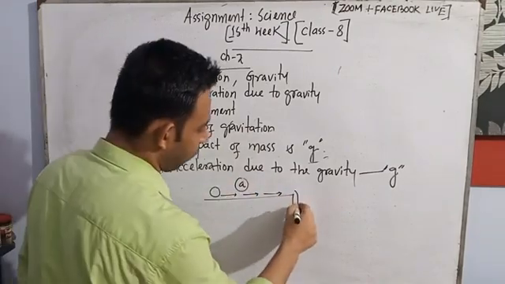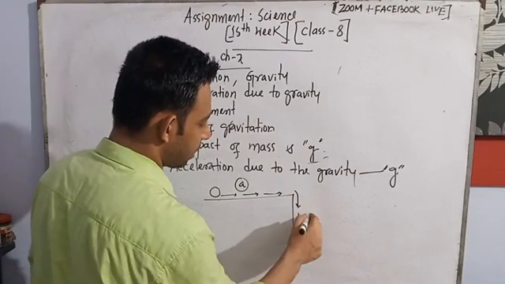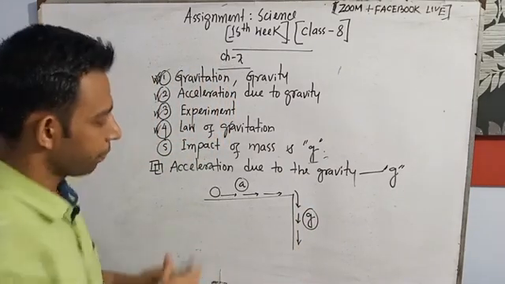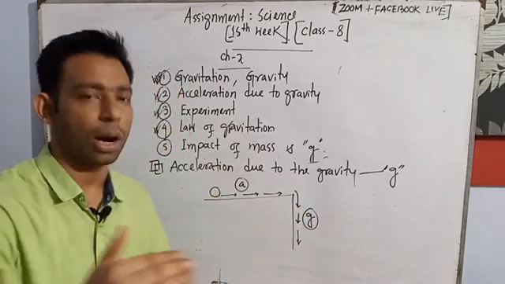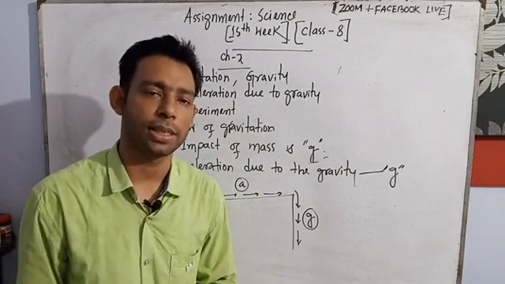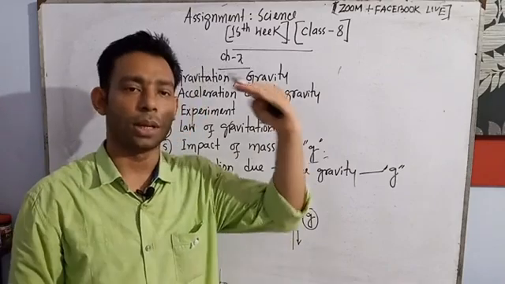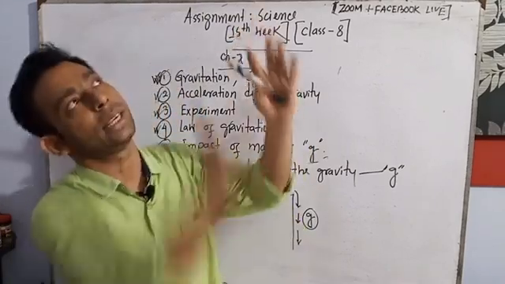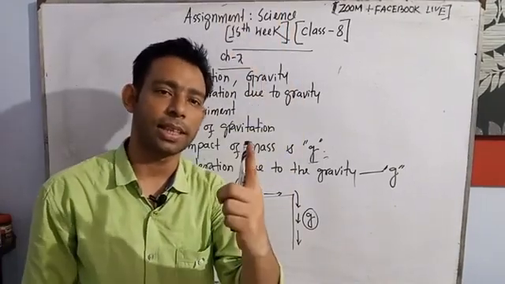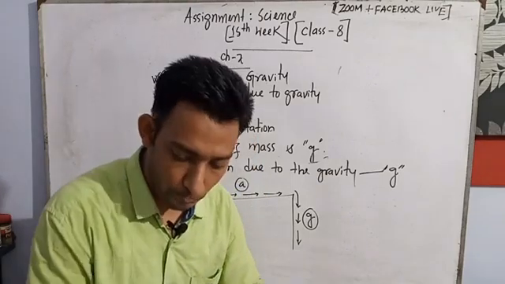But when it falls from the rooftop to the ground, that is the acceleration due to gravity. Normally, on the ground surface, any object increases its velocity with time; that is normal acceleration. But when any object falls freely from a rooftop, or if I throw it upward from the ground, that is the acceleration due to gravity. Two things: normally acceleration is for anything moving on the ground.